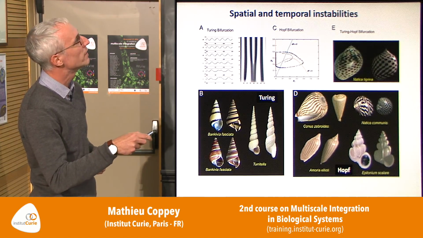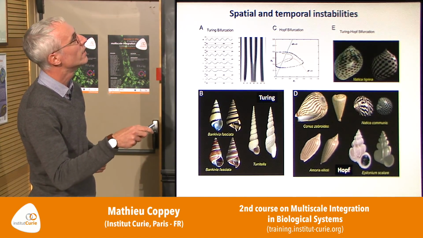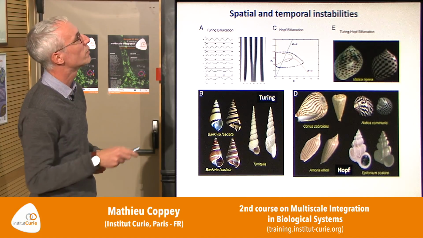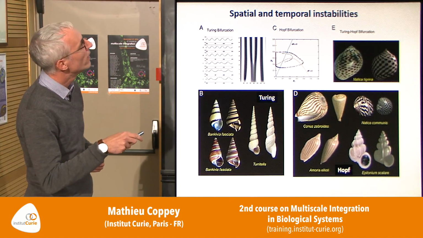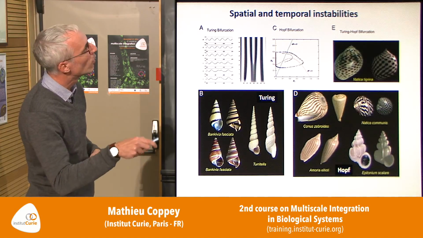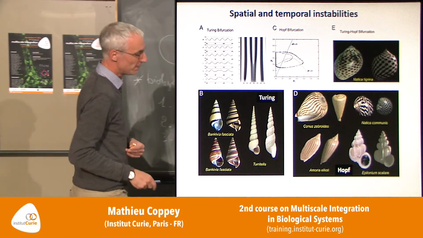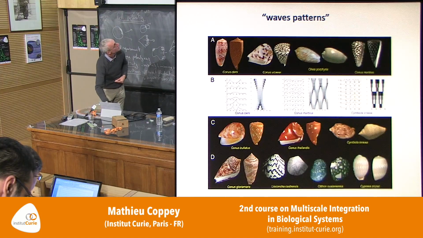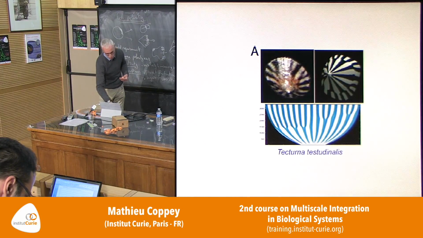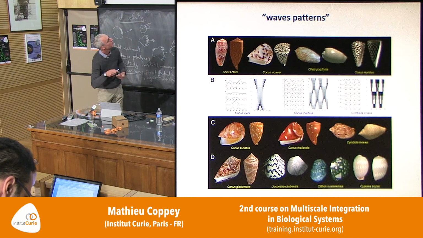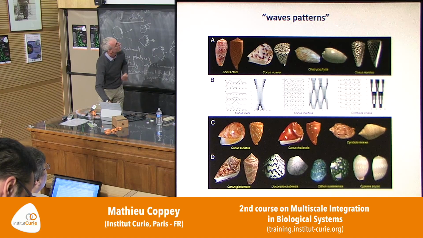These beautiful patterns like that. Or even, this is a mixture of a Turing and Hopf bifurcation. Here it's just for Turing bifurcation, and this is for Hopf bifurcation. So this is just to show you a very nice example. And then you have even more complex ones with a wavy pattern here.